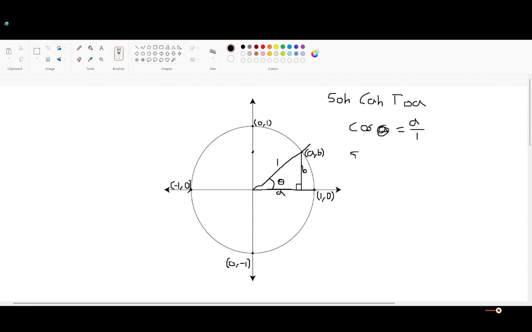So sine theta equals the opposite, which is B, over the hypotenuse, 1. Now that we have this, we can say that cosine is equal to A and sine is equal to B. And because of this, we can change this coordinate right here into cosine, comma, sine.